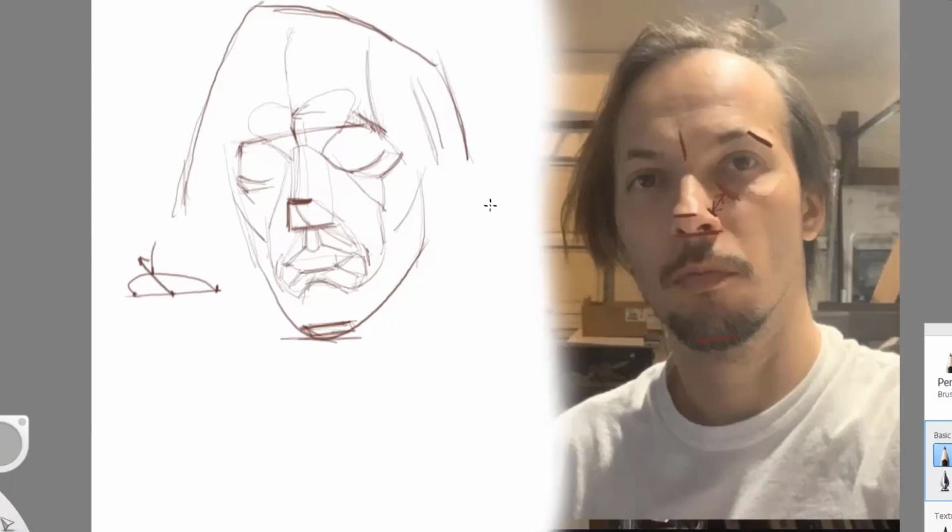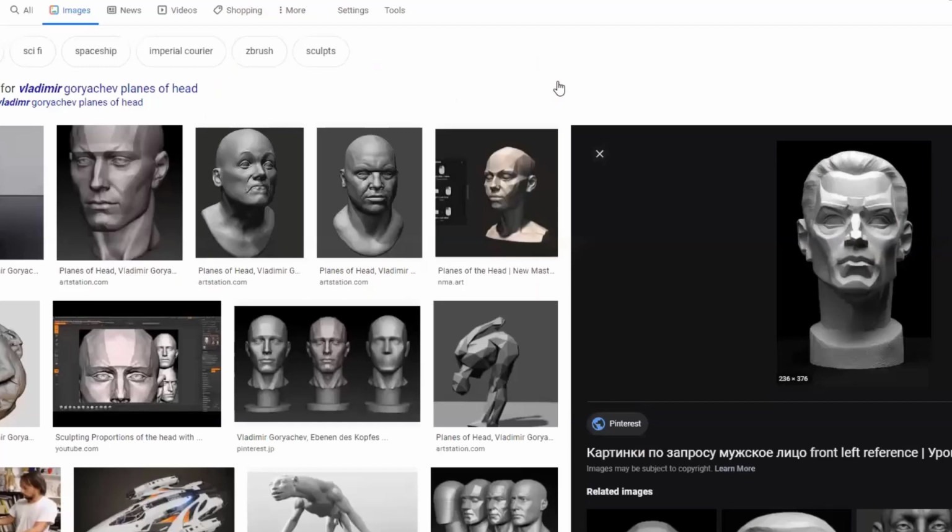So you can look at the examples of my drawing or the examples that I posted for you of other people's interpretations of things, and think about how they treat this part of the lip over there and planes.